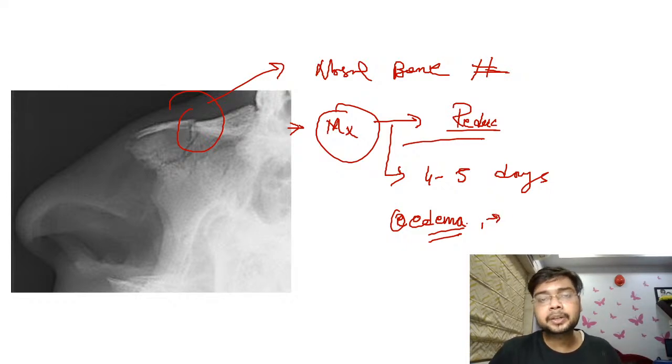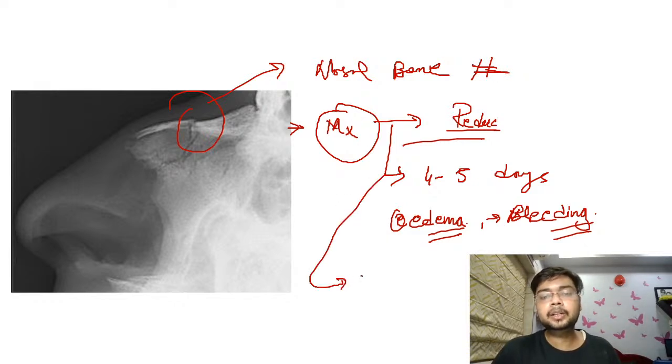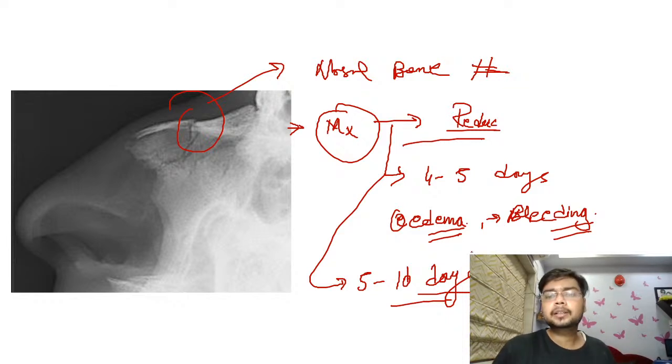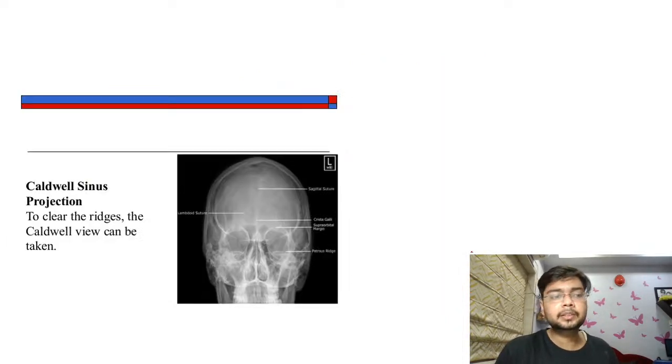Because while you operate on these patients with edema, there will be more vascularization, more bleeding, more pain, and the results will also not be that good. So the most appropriate time is either immediate or after some 4 to 5 days, that means at the 5th to 10th day of the fracture. This is the common thing that you need to remember about nasal bone fracture.